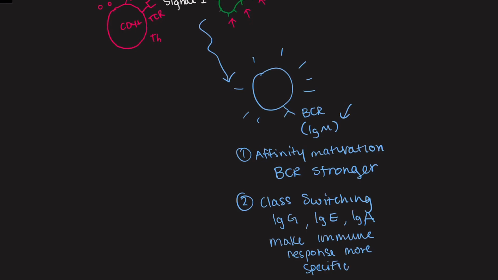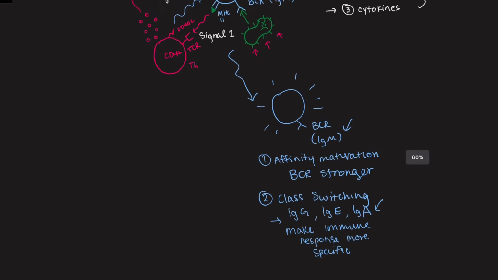And of course, we're going to be able to make plasma cells that secrete these immunoglobulins, and we're going to be able to make more B cells that have these on the surface so we can better recognize the antigen and overall elicit a better immune response. That's what we're trying to do here.